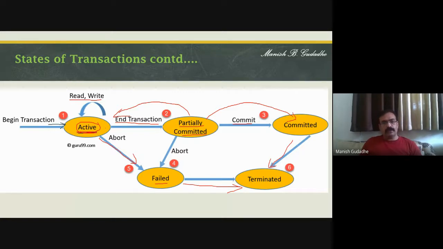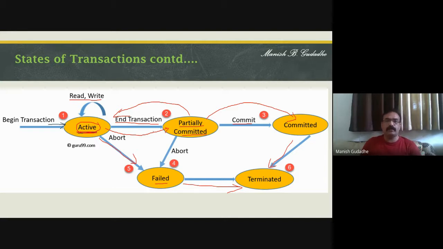Second possibility is after active state, we go for the end transaction. The transaction is ended. Now after end, our transaction is in partially committed state. From this point also you can abort, or it may automatically get aborted, or you may abort it.